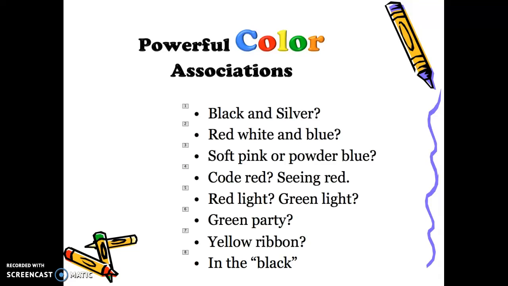Red light, green party. Think about these associations. Green party makes you think of perhaps environmentally friendly policies, etc. Green light also means new, growth. Red means stop. Red means danger. Yellow ribbon, or to be in the black. What does that mean?